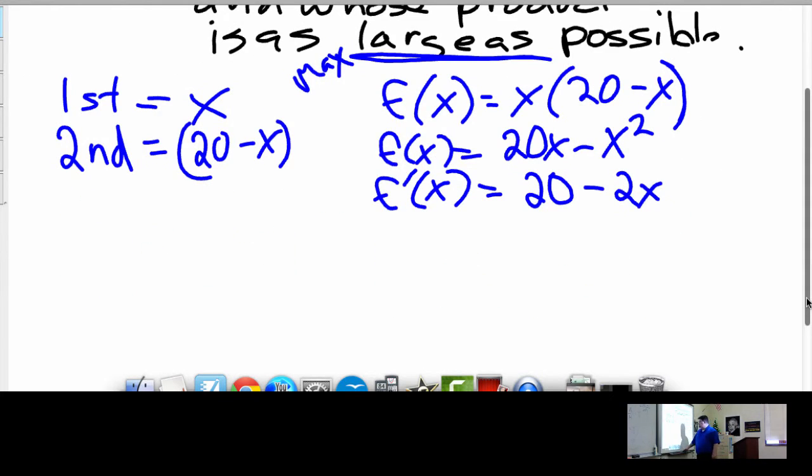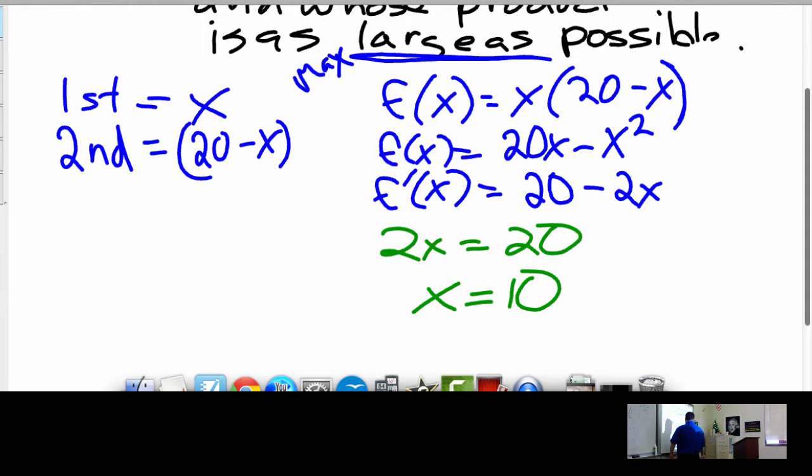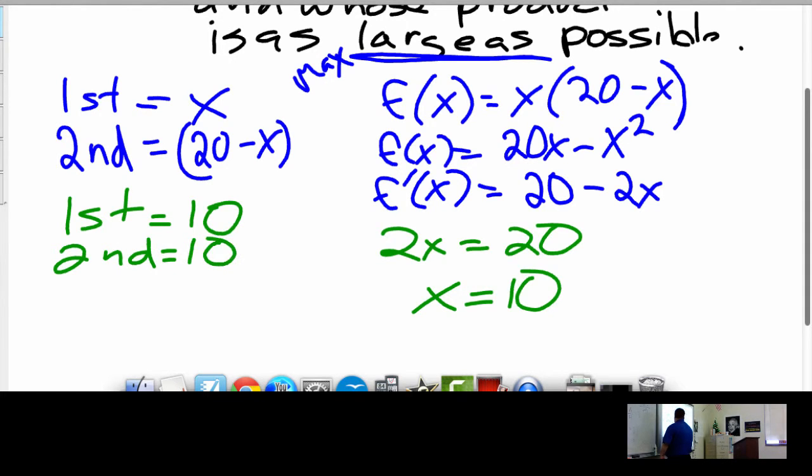Now, if I set this equal to 0, I get 2x is equal to 20, or x equals 10. Does that make sense? So then my two numbers are 10 and 20 minus 10, which is 10.